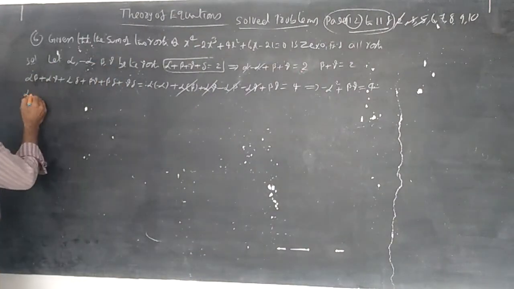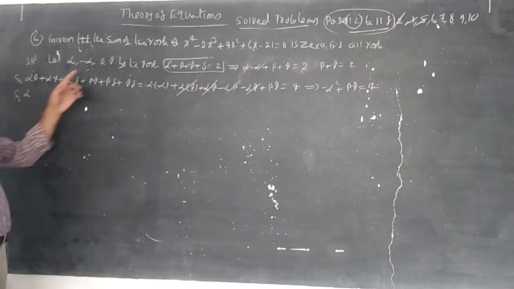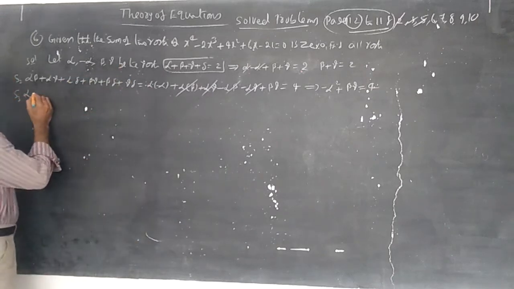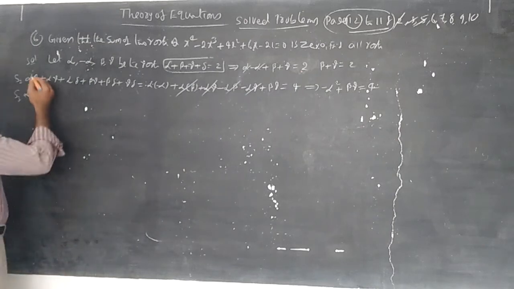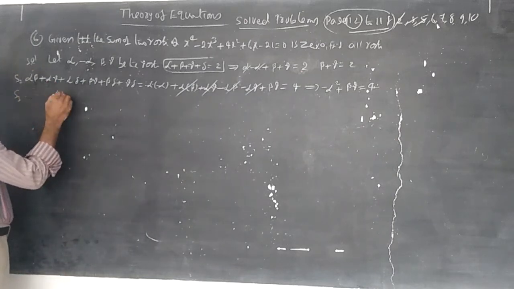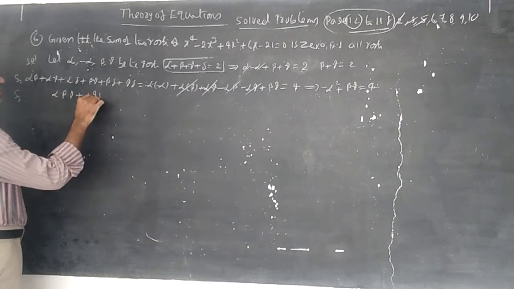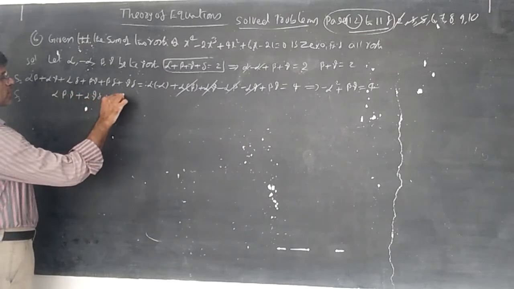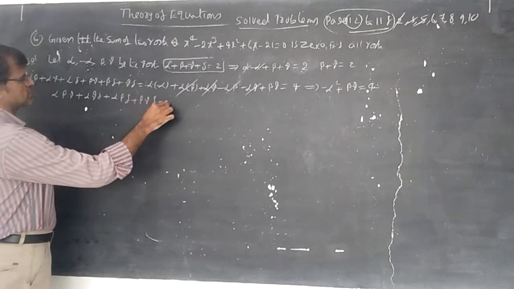Now S3, so this is the S2 concept, this is the S3 concept, this is the S1 concept. Alpha beta gamma plus alpha gamma delta plus alpha beta delta plus beta gamma delta, that is S3.